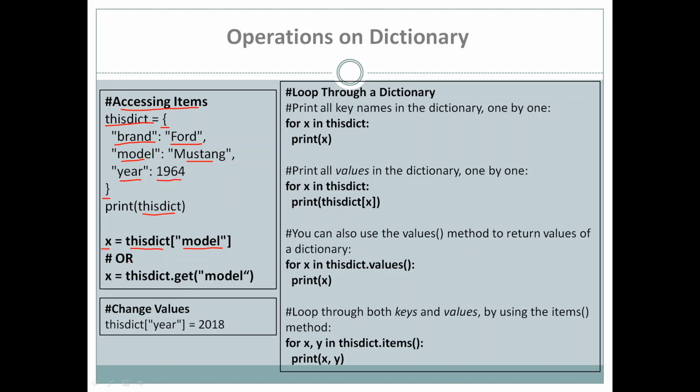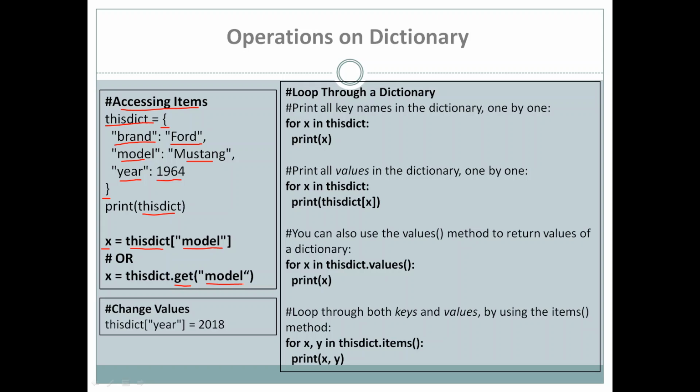Or the dictionary also provides us with a method which can be used to get the value. The method you can see here, thisdict.get, again pass the key here, and it will return us the value of that particular key. So this is how we can access an element from a dictionary.